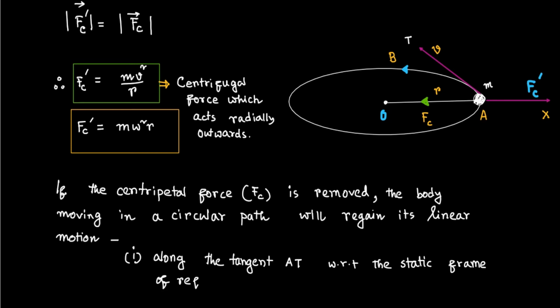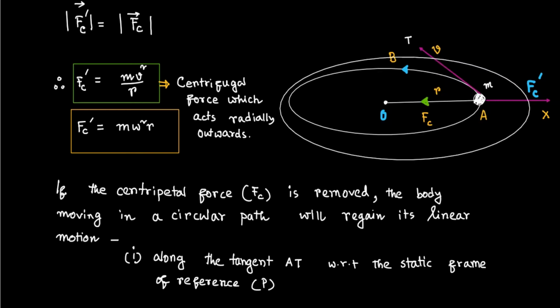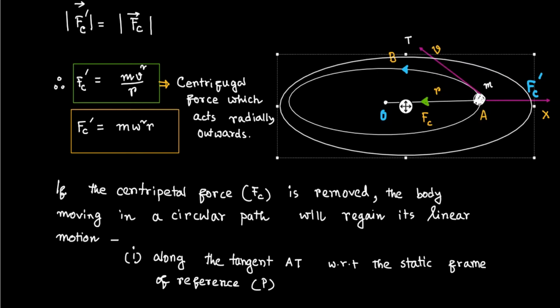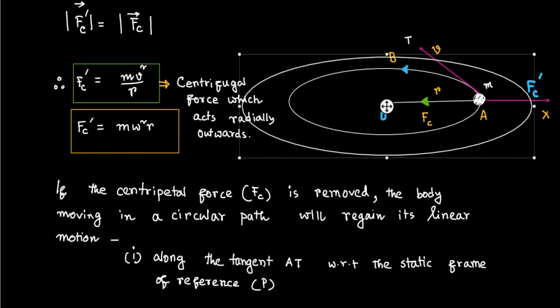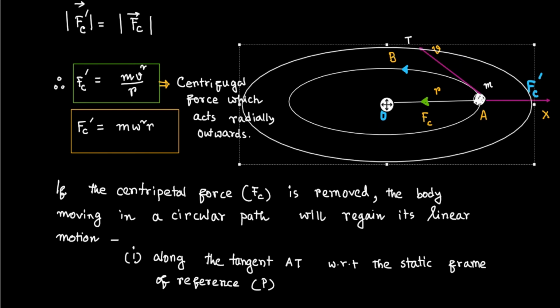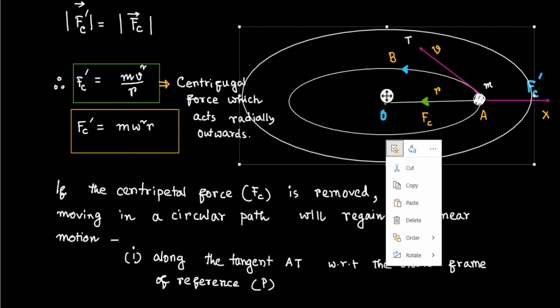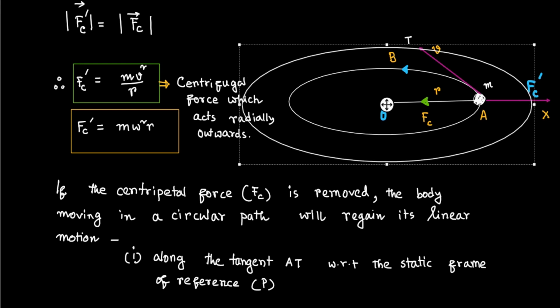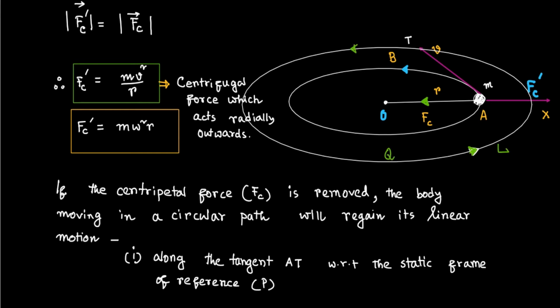Static frame of reference means a frame of reference which is at rest. P is the static frame of reference. So this is the circular frame of reference, which is not the static frame of reference. This circular frame of reference is also revolving in anti-clockwise direction in the horizontal plane.